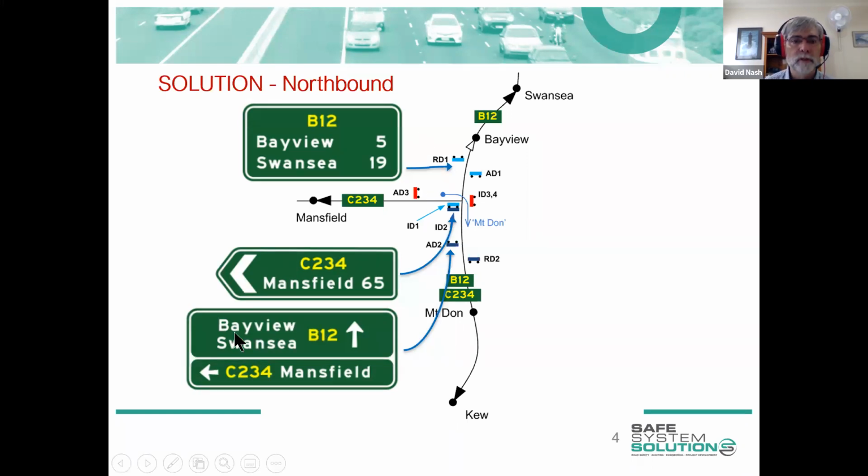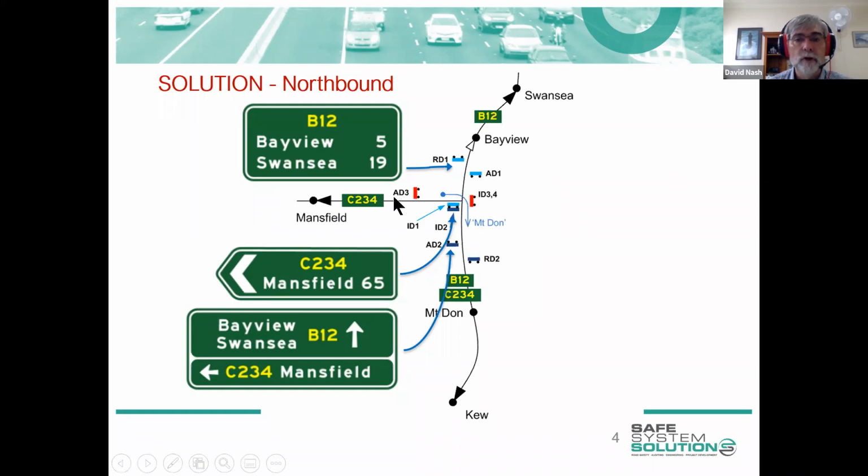So this should be Bayview and Swansea straight ahead, and we should include both of them on that. Mansfield to the left, and then the ID sign has Mansfield to the left as well. ID signs have chevron ends, which I think all of you got correct. And Mansfield has the distance 65 kilometres because there's no reassurance sign in that direction.